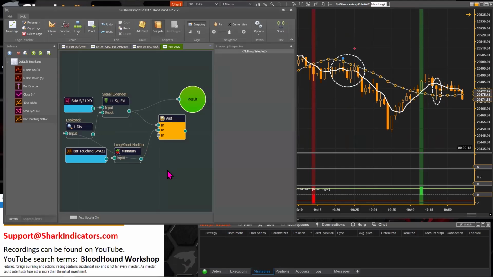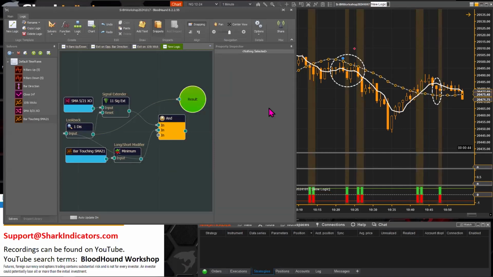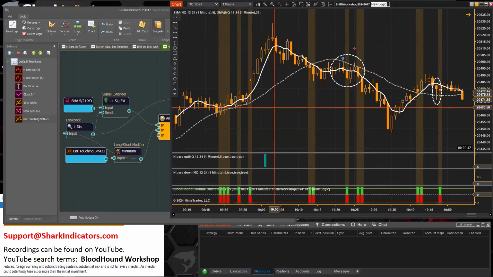So yeah, what I need here is some logic that will prevent these bars touching at the crossover. We need to basically remove them from our reset signal here.